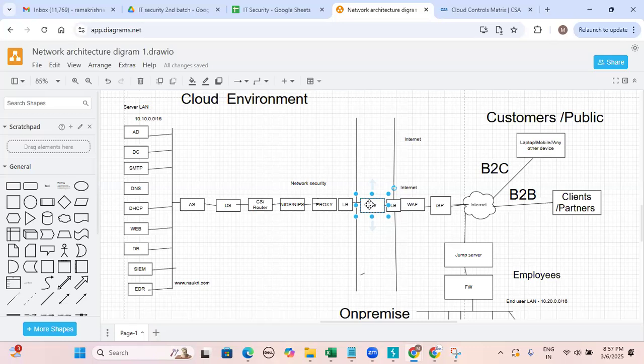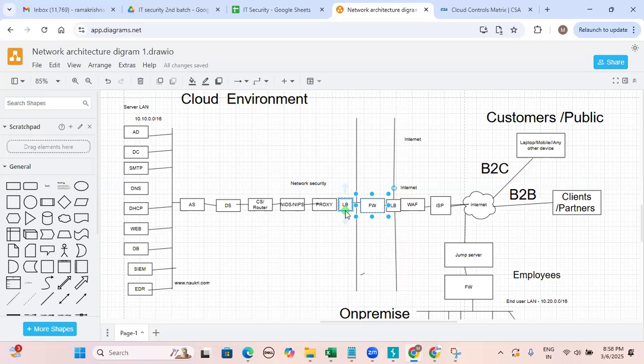Now, once the traffic is going, this is called the network three-tier architecture: firewall, proxy, network IDS, and network IPS. And once again, for the load balancer, you need not use the cloud service provider's load balancer. We can even use third-party load balancers, for example F5. F5 has the GTM, global traffic manager, and also the LTM, local traffic manager.